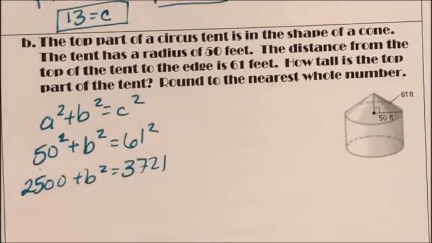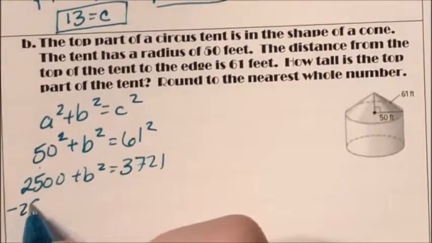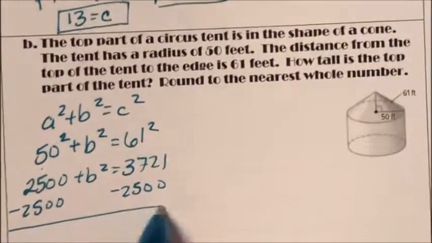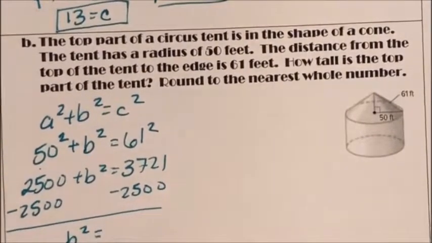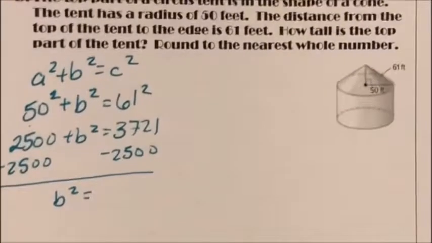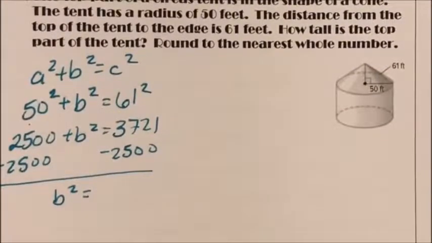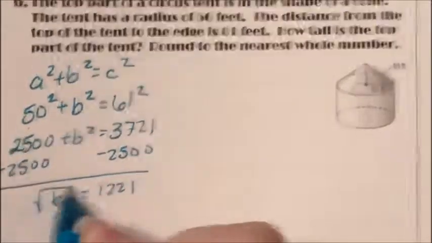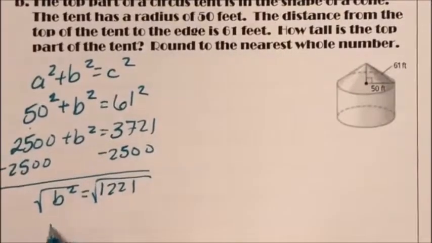By the subtraction property of equality, I can subtract 2,500 from both sides. So I get b squared equals 1,221. Then I square root both sides.